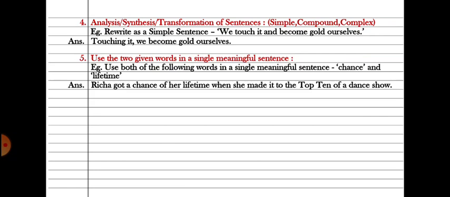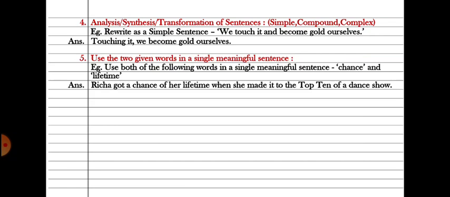A compound sentence is the one which is made up of 2 or more simple sentences and is usually connected with one of these coordinating conjunctions: and, for, nor, but, or, yet, so, etc. For example, Jim waited for the train, but it was late.